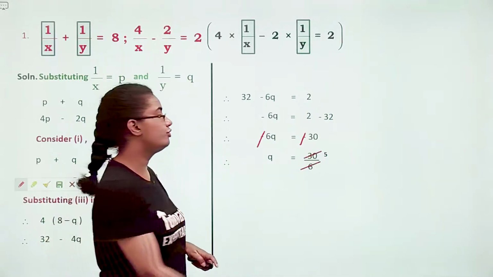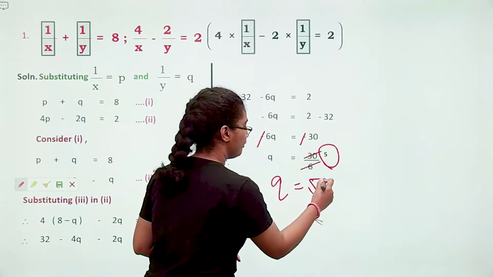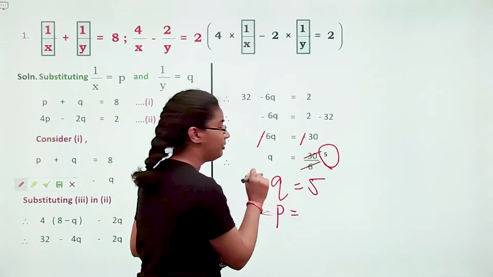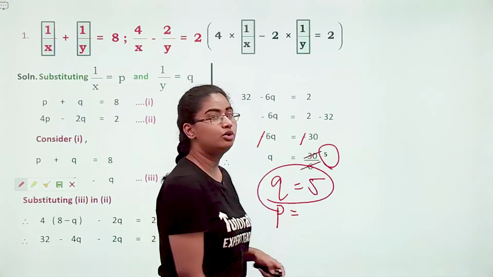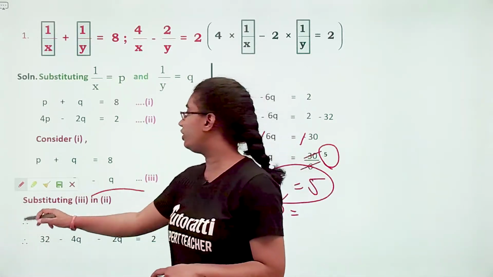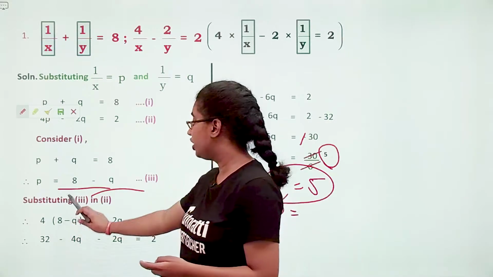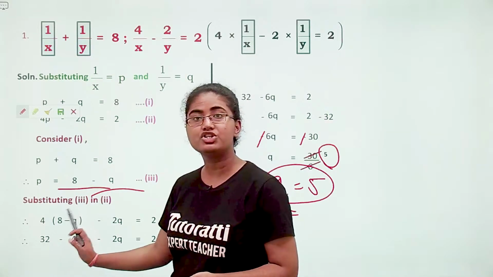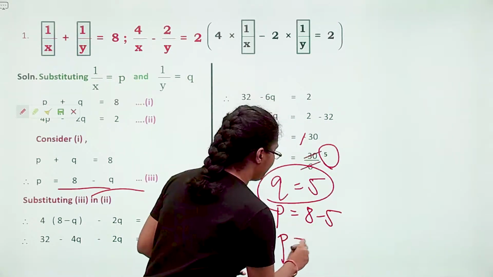Okay, and then you have 30 upon 6 which is 5, so q का value आ गया 5. Can you find out the value of p? Absolutely. Put this value in equation number 3. ये है हमारा equation number 3. So 8 minus q. Q is 5. 8 minus 5. We have p as 3.